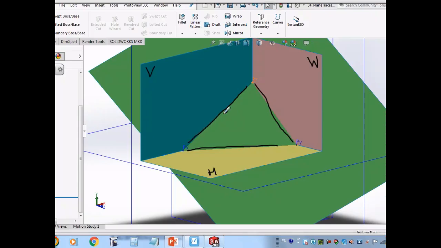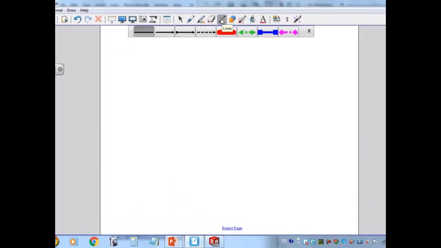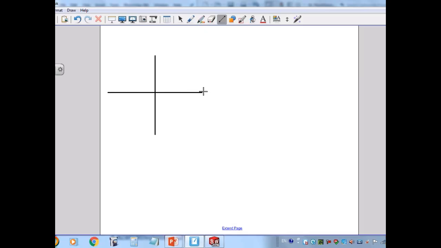Then when we open the planes and represent them as an orthographic view, the traces remain, and that will look something like this. So this is an axis. This is 0, that's the z axis, that's y, that's y.